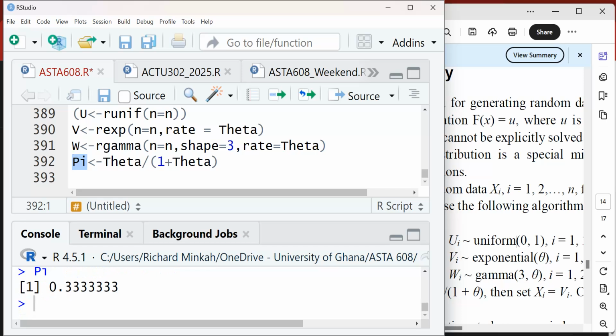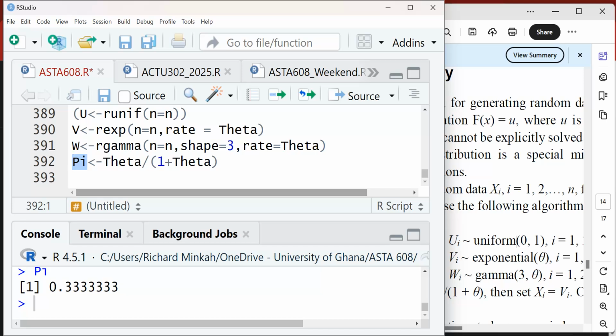So what we are saying is that if u is less than 0.33, what do you do? You choose from an exponential. If other than that, you choose from where? Gamma.